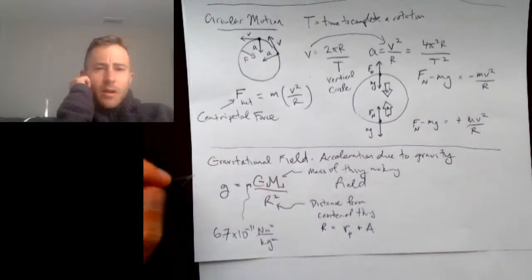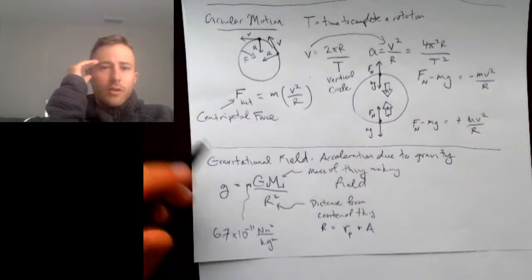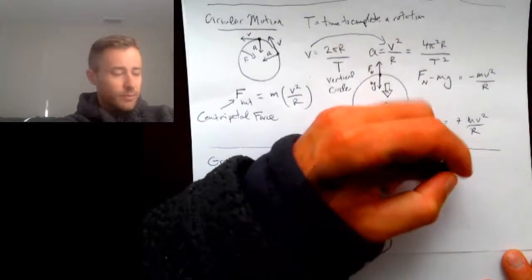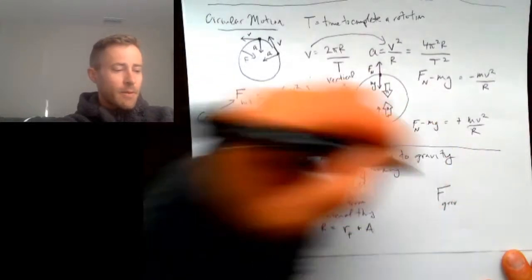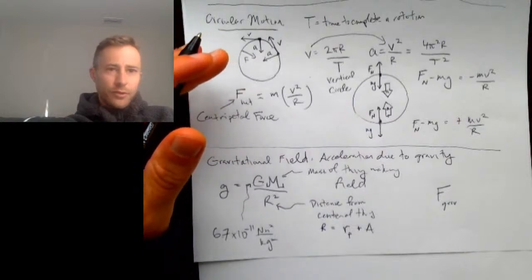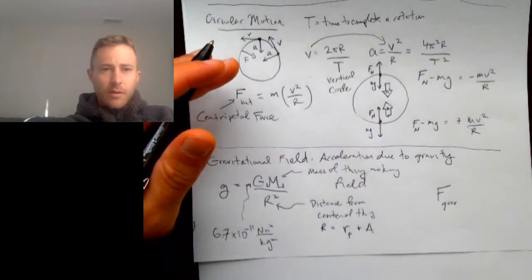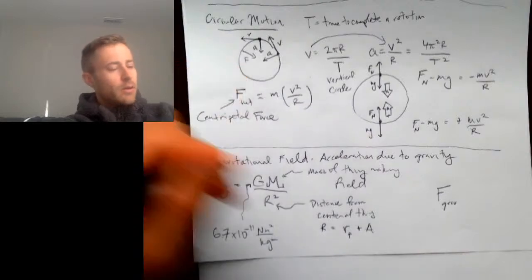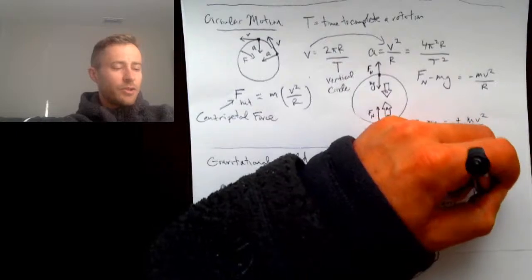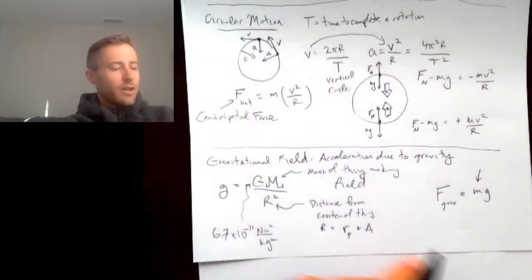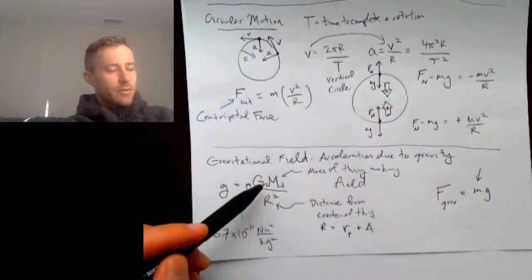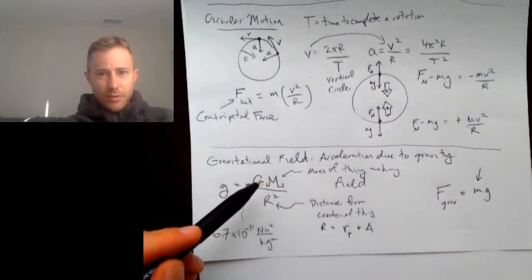Once you know the gravitational field, you could calculate the gravitational force, which is also known as the weight force. And so the gravitational force is m times g, where this m is not the same thing as that M. That M is the mass of the thing making the gravitational field.